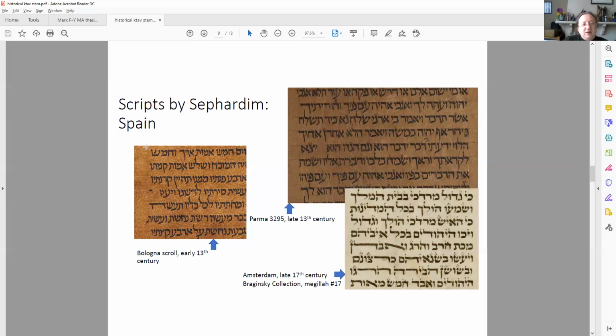So the scroll has been radiocarbon dated to strong probability of the early 13th century, and paleographic analysis bears that out. So the way you do paleographic analysis in this period is you get other manuscripts, such as books, which often very helpfully have colophons in the front of them. And the colophons say things like, I, the scribe, wrote this in such a place on such a date.